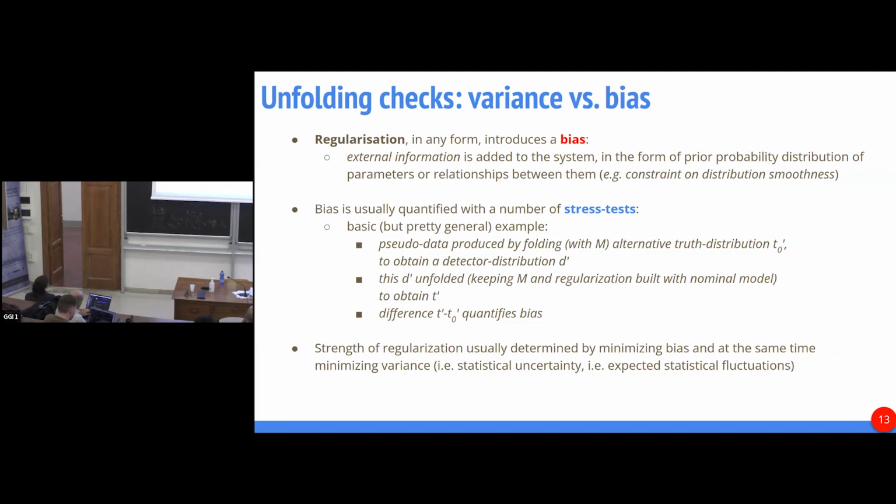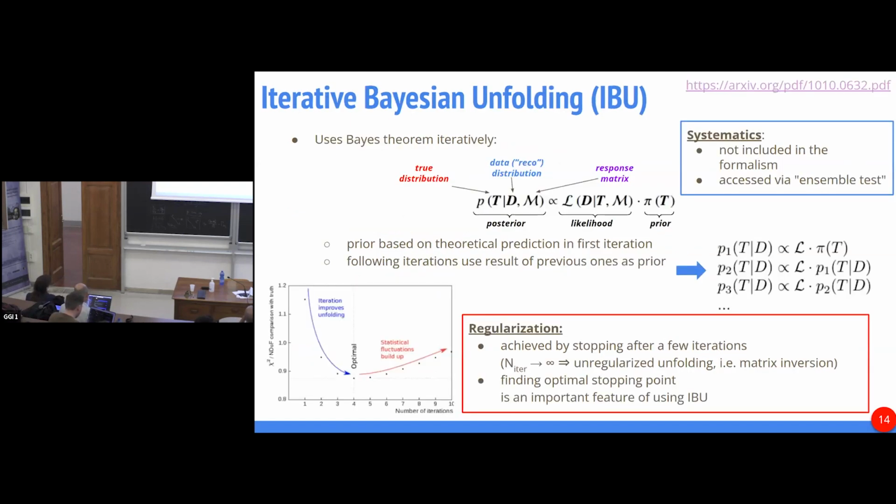We don't change the regularization. And then we get something that, in general, if we have a regularization, will not match exactly the starting distribution. So you go to the detector level, you go back to truth, and you find something different than your starting one. This is just because of the bias. And then in this way, you can quantify your bias. Then there are various ways of doing this. You insert some linear slope, or you use alternative models, and so on.